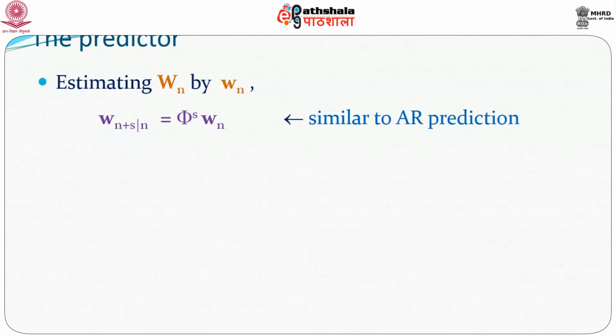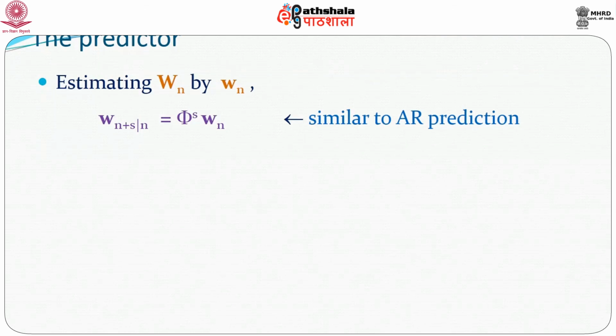See that it is similar to what we do in s steps ahead prediction in the ARMA model or the AR model. Let us look at a simple AR(1) model with a parameter alpha. If you want to predict s steps ahead, then the predicted x_{n+s} value would be equal to alpha to the power of s into x_n.